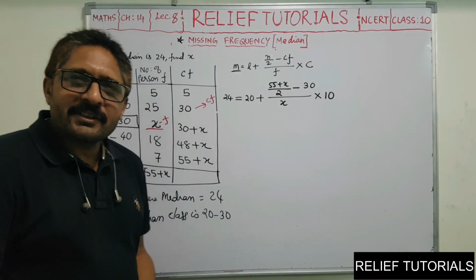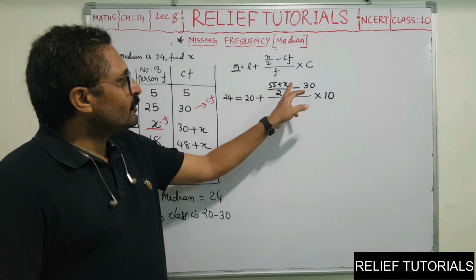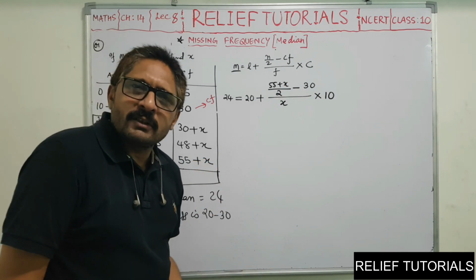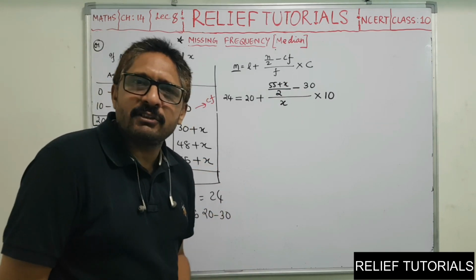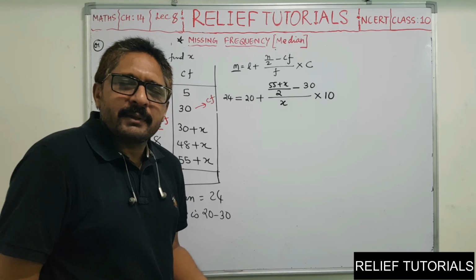Look at this equation. There is only one unknown value, that is x. So you have to solve this equation to find the value of x. Nothing complicated.